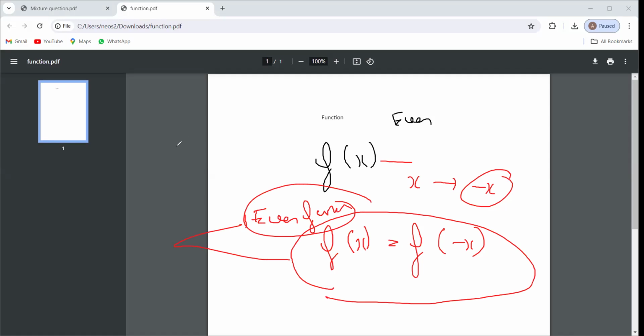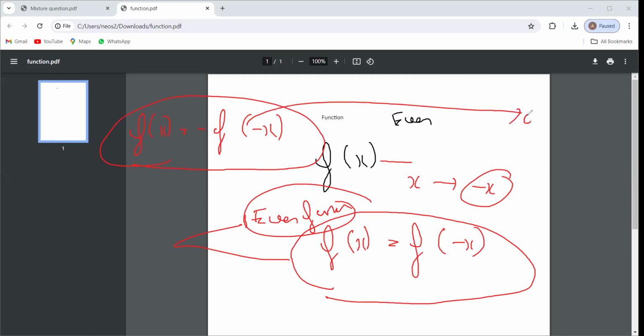But if you have to take minus common to make f of x and f of minus x equal, we call it an odd function. And if neither condition is satisfied, it is neither odd nor even.